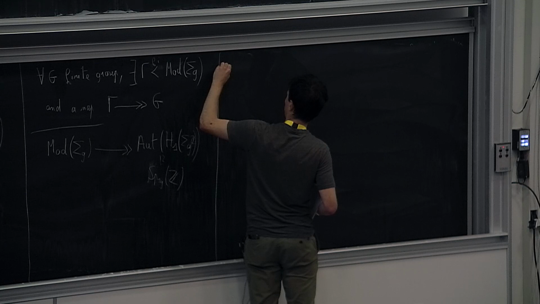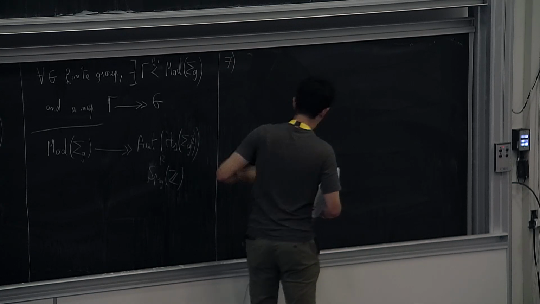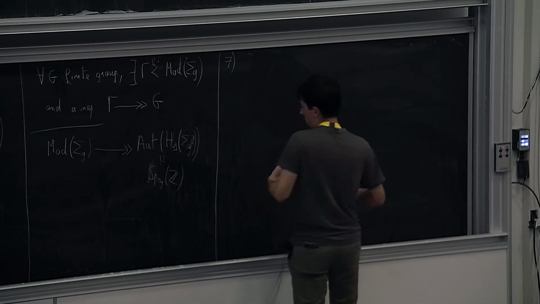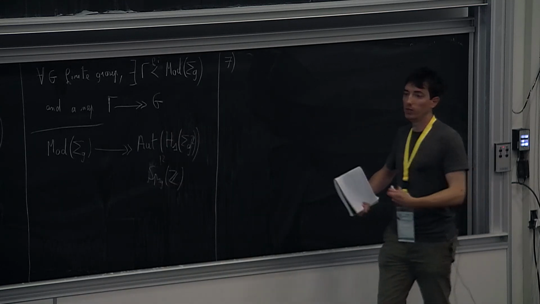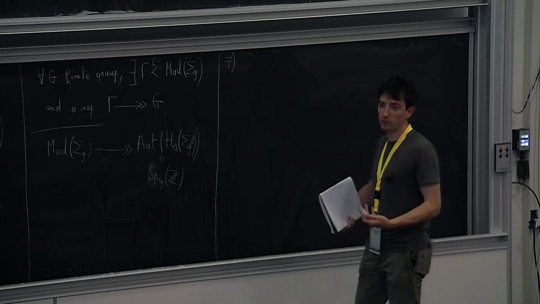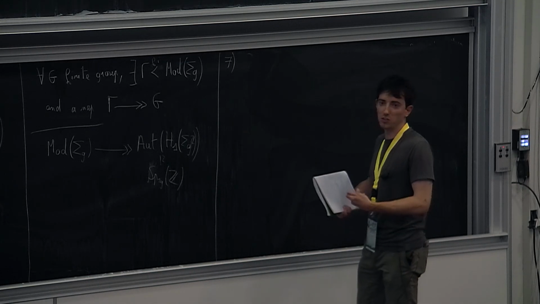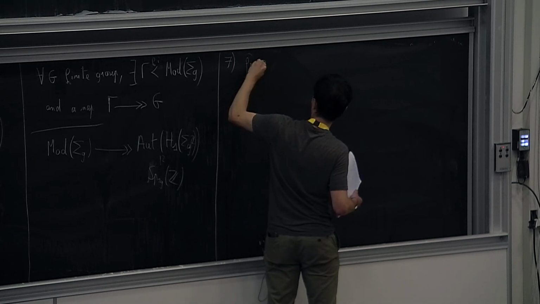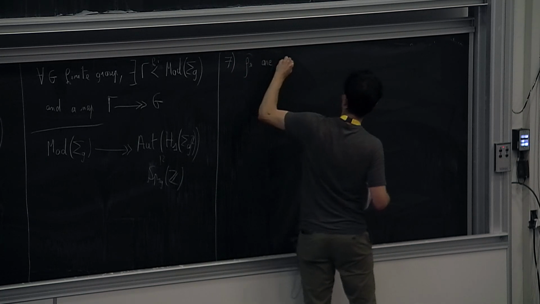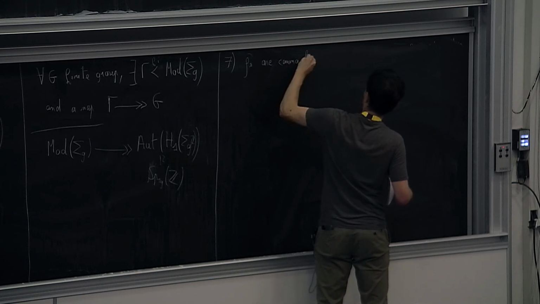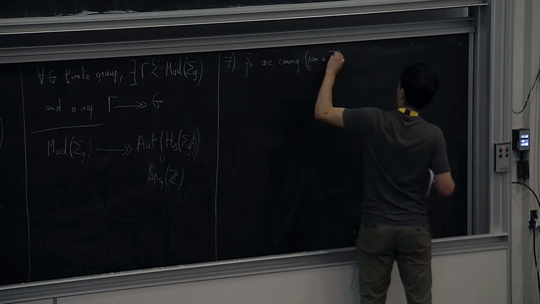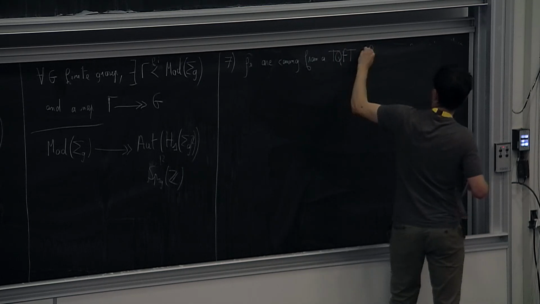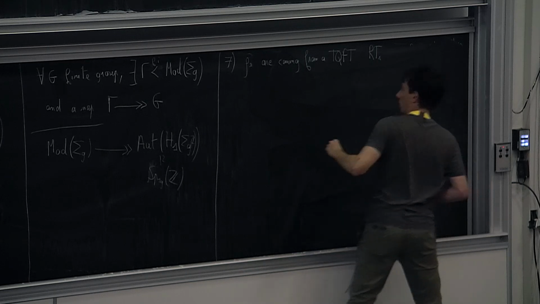Well, finally, another property that makes us interested in those quantum representations: they don't exist in a vacuum. They are related to many invariants of three-manifolds and of links. So you can say that the representations rho are actually coming from the TQFT, which I will write as RT r.